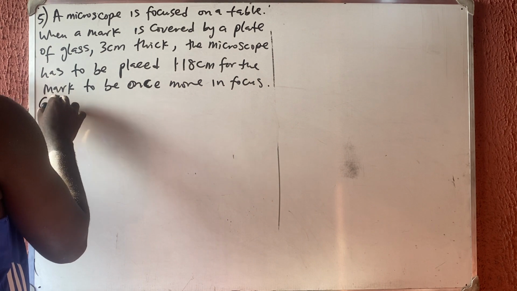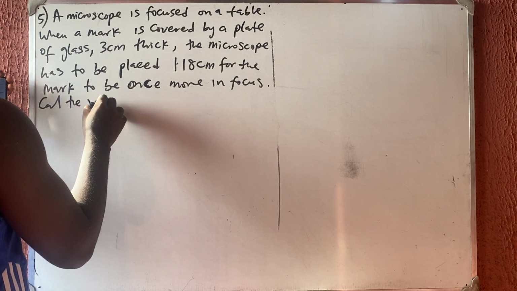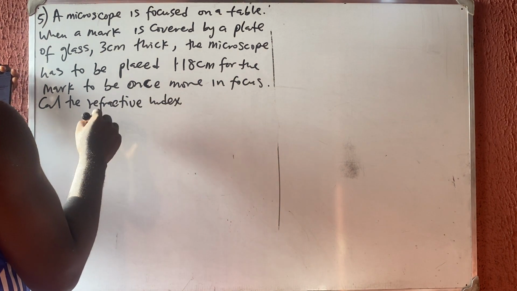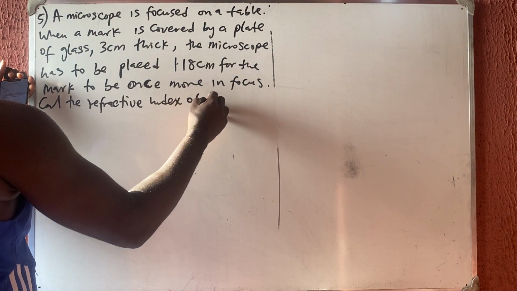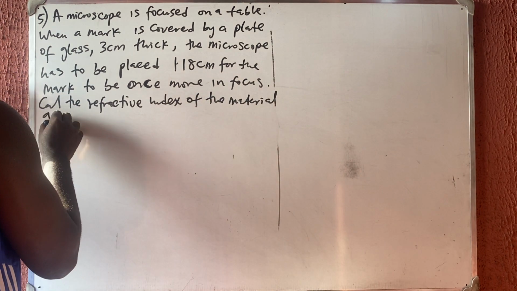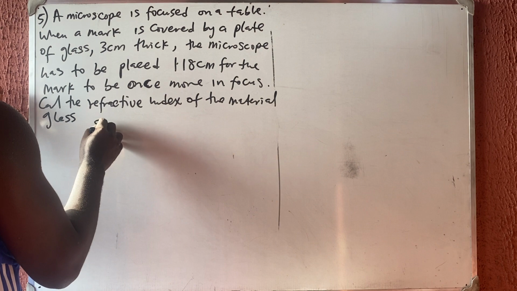Then it says calculate the refractive index of the material glass. Okay, solution.